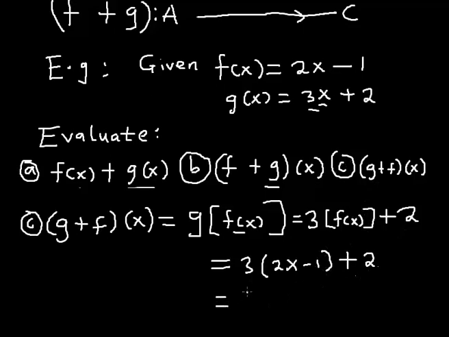So opening this bracket, I'm having 6x minus 3, then plus 2. So this is going to be 6x, minus 3 plus 2. That's going to give me minus 1. So that is function of a function.